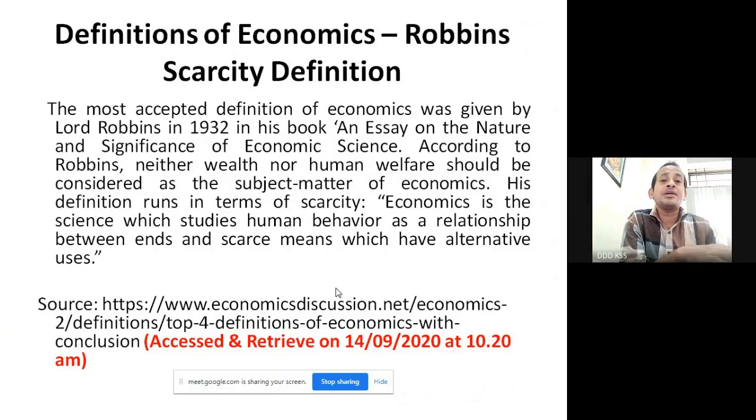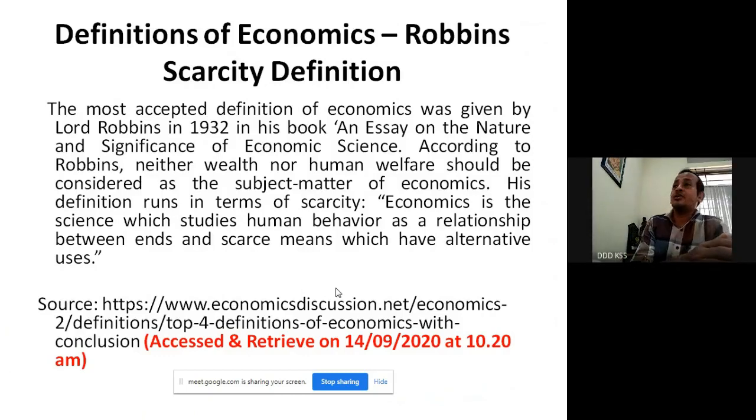So a question may come: what do you understand by the scarcity definition of economics, or define Robbins' definition of economics. To get the answer to this question, we'll go through the Robbins' definition of economics, or we can say the scarcity definition of economics. Now the most accepted definition of economics was given by Lord Robbins in 1932 in his book, An Essay on the Nature and Significance of Economic Science.